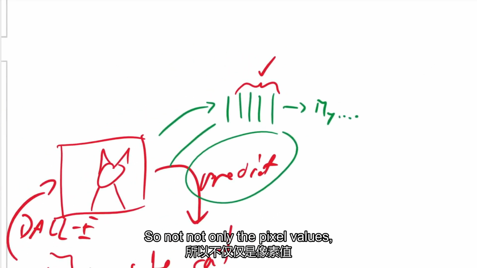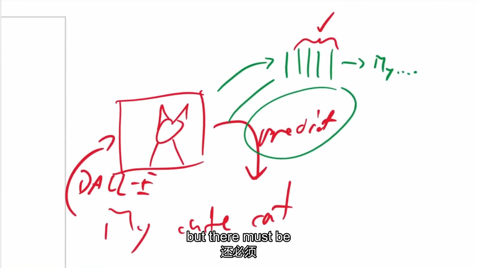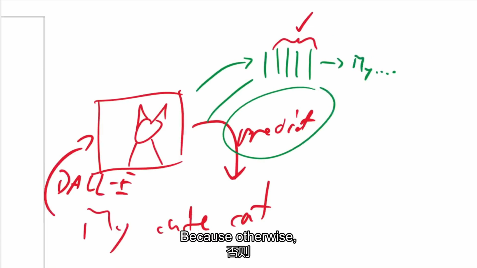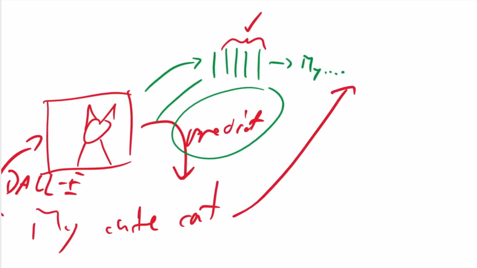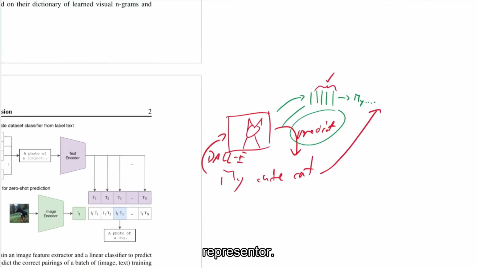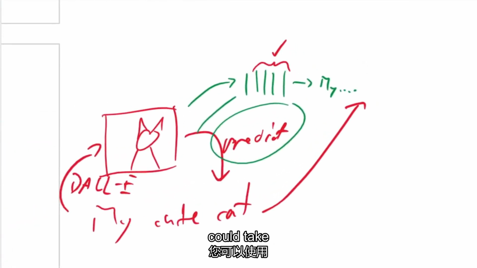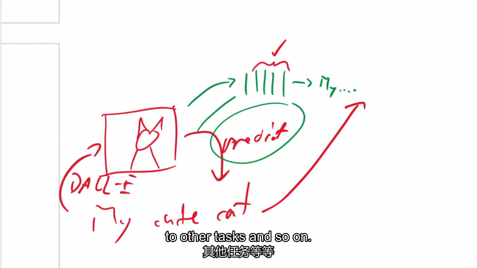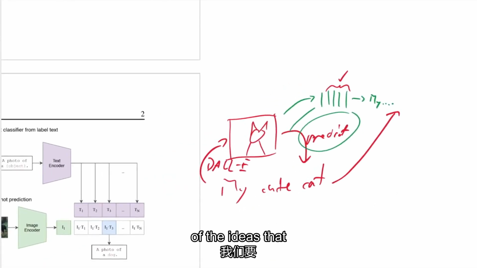So not only the pixel values, but there must be actually some kind of representation of the concept of cat, because otherwise it could not predict the word cat at the end. Okay, so the idea is to get a really good representer, and then you could take that representation and fine-tune it to other tasks and so on. So that's one of the ideas we're going to work off here.